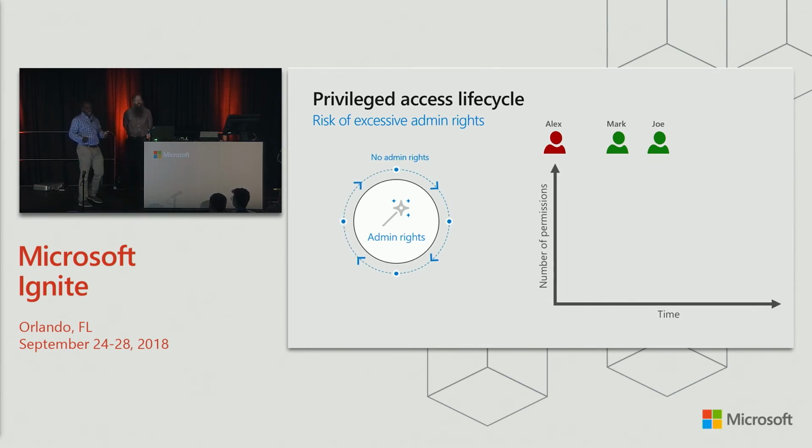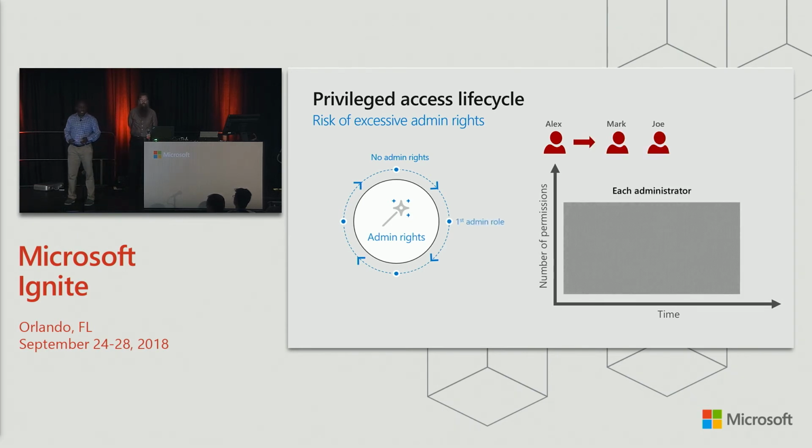So let's look at a scenario where Alex, my boss, hired Mark and I to go work on something. We are good. We are not admins. We don't have a lot of privileges or permissions to go delete users or any of that stuff. So kind of cool, we can do stuff. But as soon as we get admin rights or we get put in an admin role, what is the risk?